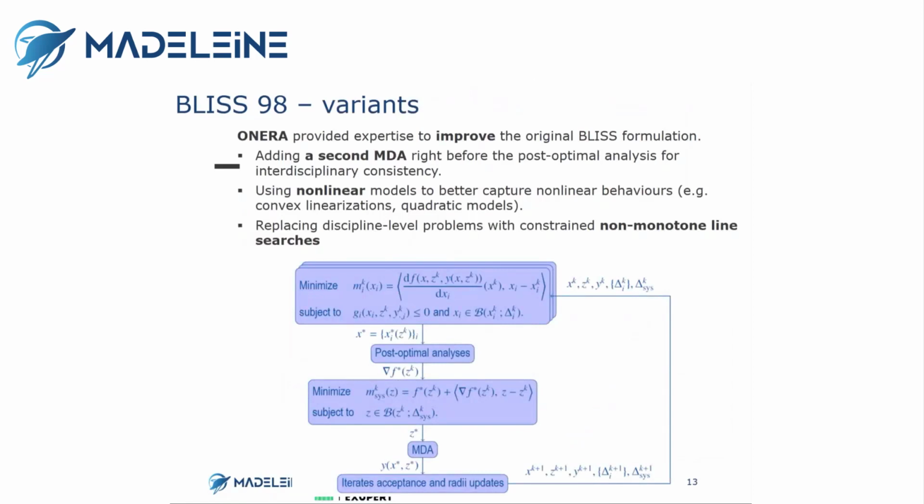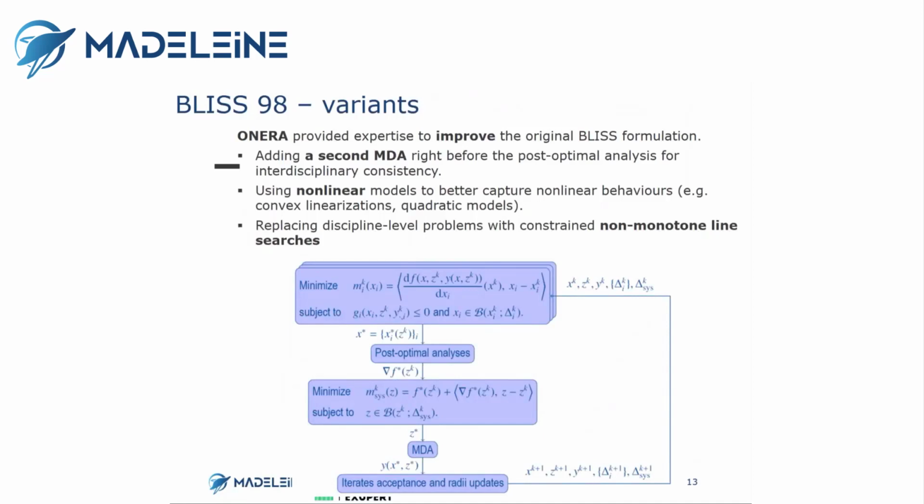Then we wanted to go a step further, and Onera helped us. There is a strong expertise on the BLISS 98 formulation at Onera, who has been working on this for a while. So they provided us guidelines and ideas to improve the efficiency of this formulation.